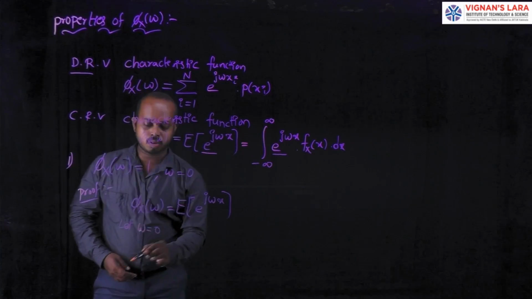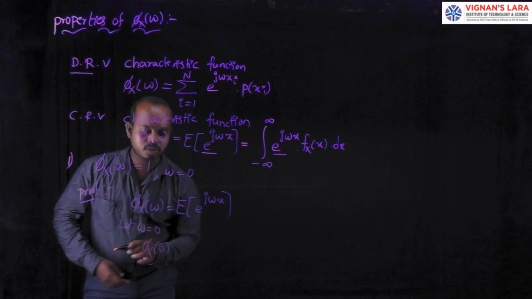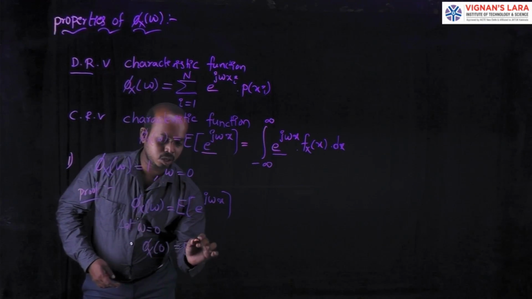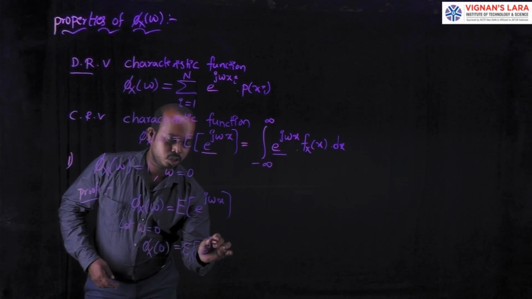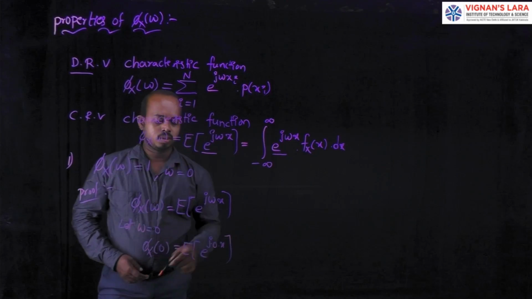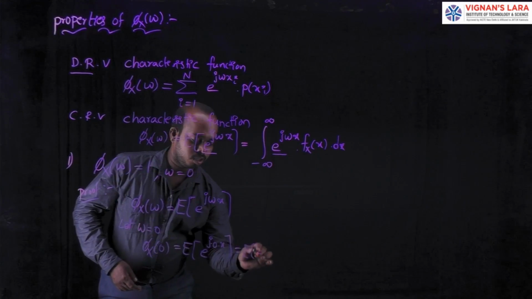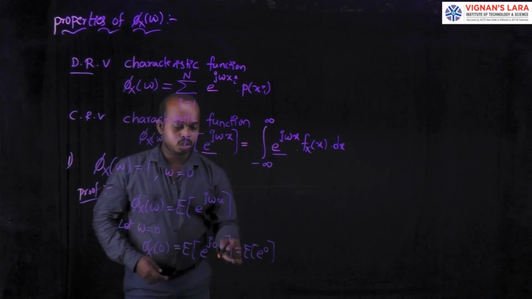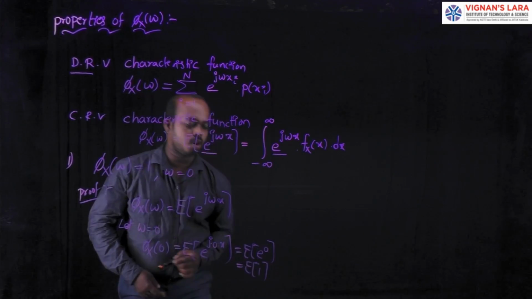Let ω equal 0. Then the characteristic function we can write as Φ(0). So Φx(0) is equal to the expectation of e^(j·0·x). That quantity is the expectation of e^0. e^0 quantity is 1.